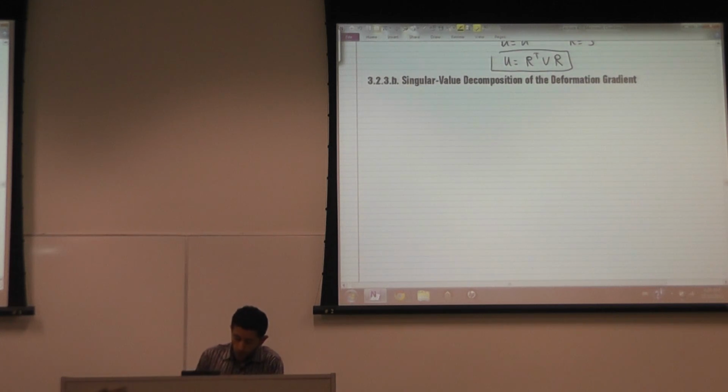So, we said that F is equal to a rotation matrix multiplied by U. U is a positive definite symmetric matrix, which means I can find a coordinate system in which U is diagonal.